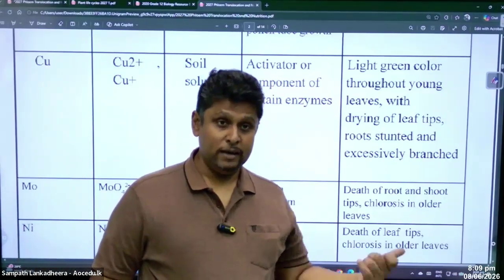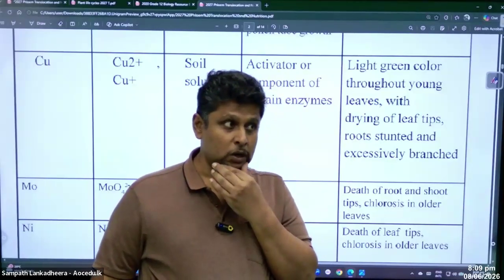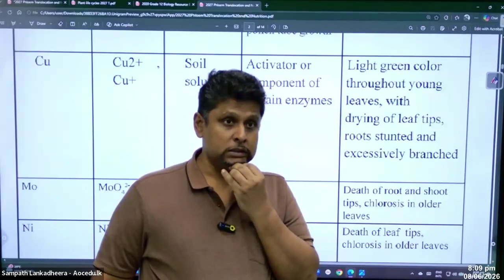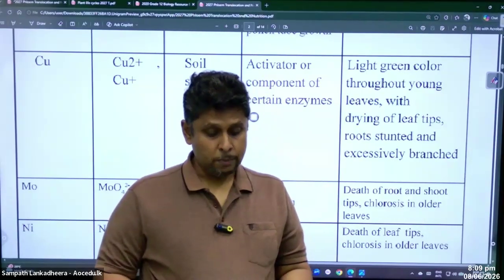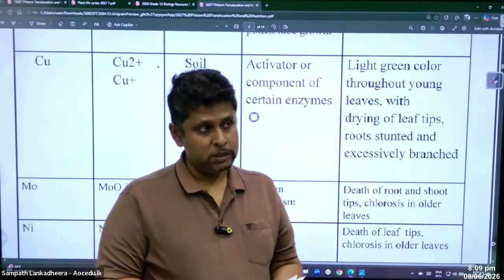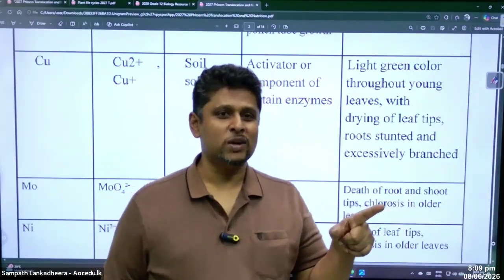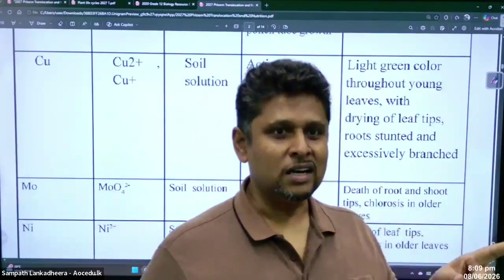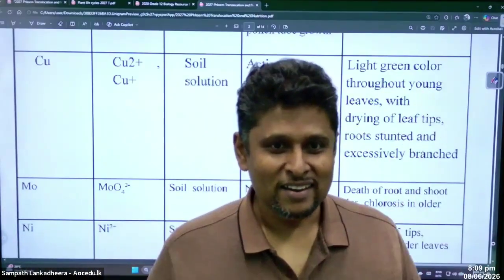Copper, drying of leaf tips, and excessive branching. Excessive branching we took, right?